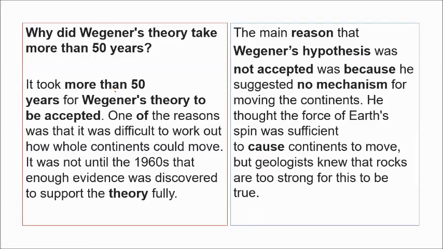Okay. We have questions. Okay, why did Wegener's theory take more than 50 years? It took more than 50 years for Wegener's theory to be accepted. One of the reasons was that it was difficult to work out how whole continents could move.